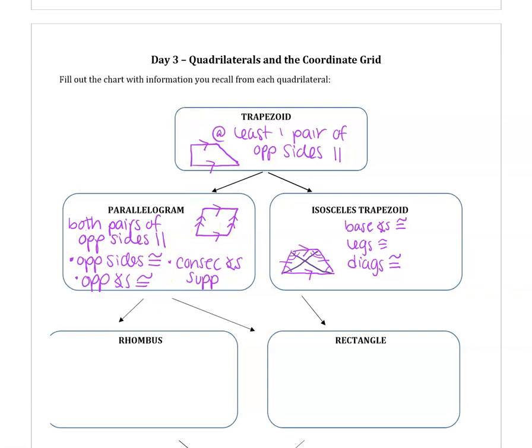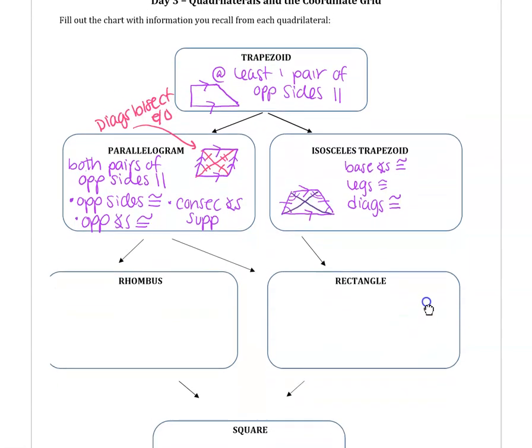So I'll just add this in here. Diagonals bisect each other. Okay, that's a good list of things that we can talk about, that we know about parallelograms.